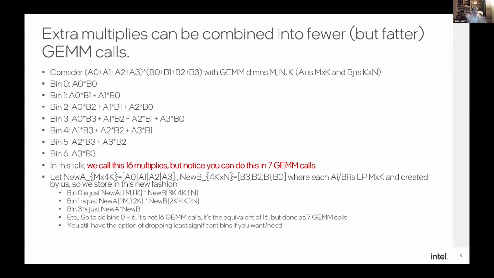So you can just stack them together in the right way, and you put A in one direction, put B in the opposite direction, and then you can do all your multiplies in 7 GEMM calls, but it's really 16 multiplies. I hope that description is going to make sense to people. So I'm going to continue calling it 16 multiplies, but in practice, when you implement it, you'd be a fool to do it that way.